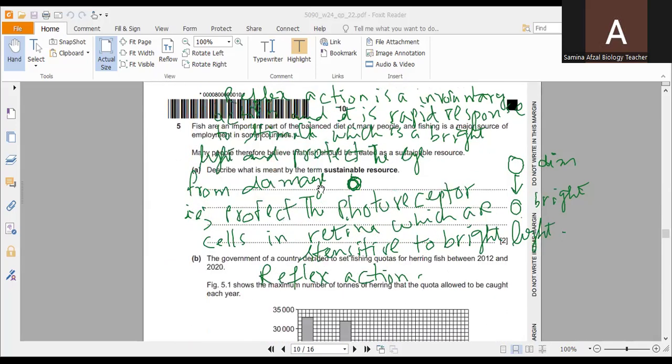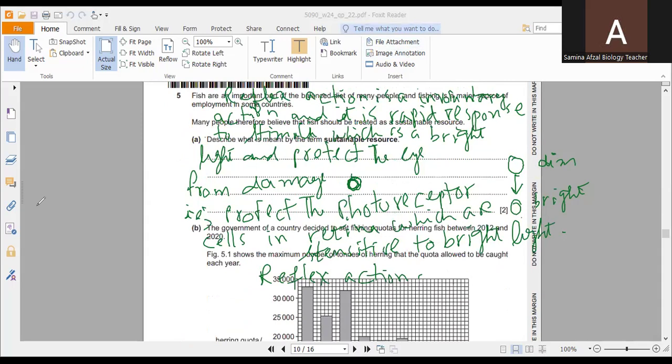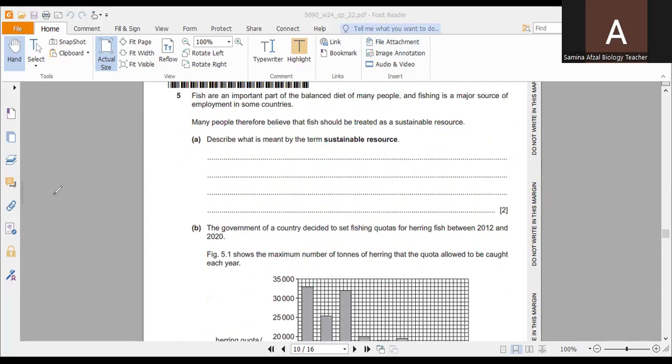Now, next question, number 5. Fish are an important part of the balanced diet of many people, and fishing is a major source of employment in some countries. Many people therefore believe that fish should be treated as a sustainable resource.